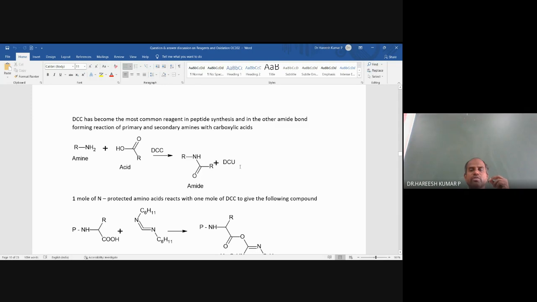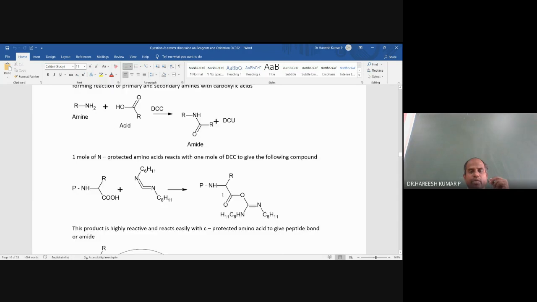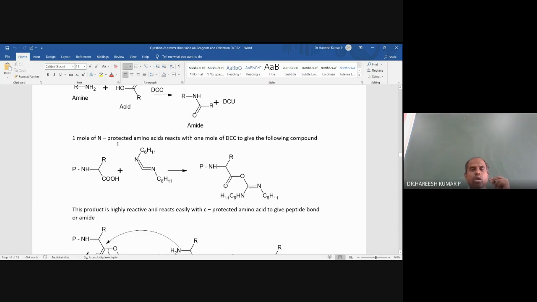An amide is obtained. The H2O is taken by DCC. DCC is converted into DCU. This is the reaction. If you want to look into the mechanism, suppose R and R dash are amino acids, then this amide itself is called a peptide. Here 1 mole of N protected amino acid; this N is protected by using N protecting groups.